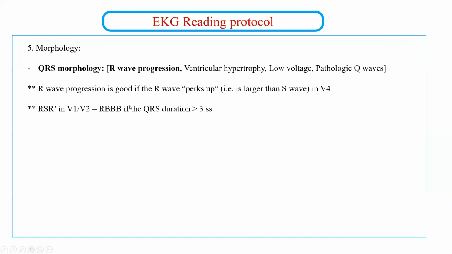We talked about the right bundle branch block in a separate video; this is only revision of how we read the EKGs. But if you find RSR prime in V5 and V6, this is compatible with a diagnosis of left bundle branch block, only if the QRS complex duration is more than 3 small squares. We never diagnose right or left bundle branch block without a broad QRS complex. Okay, this is number 1.